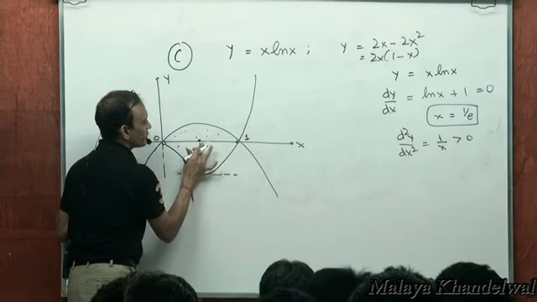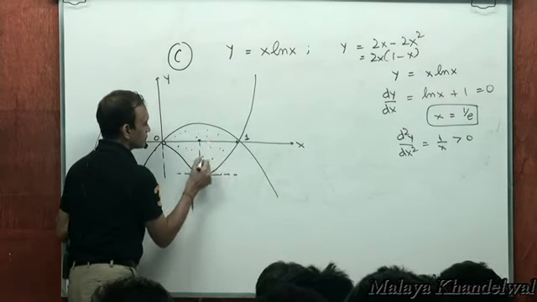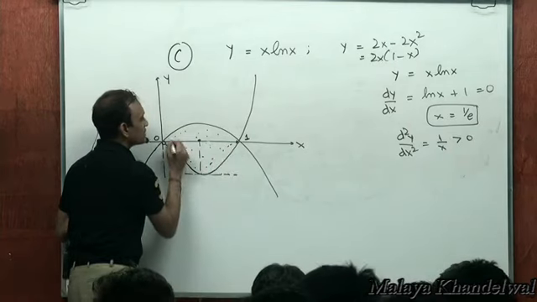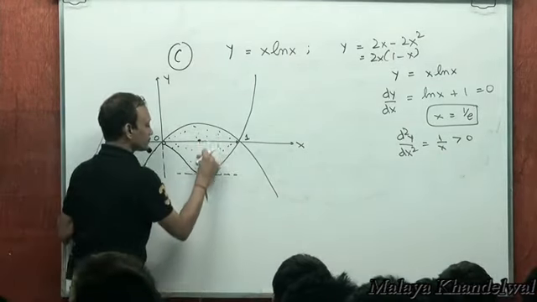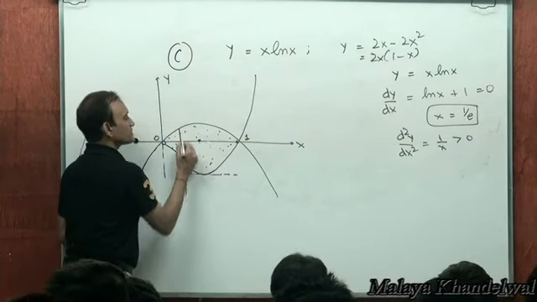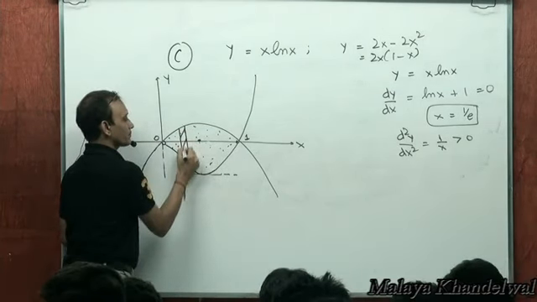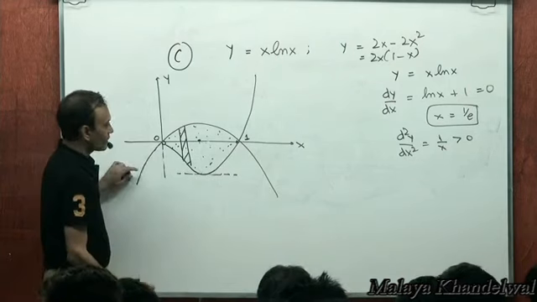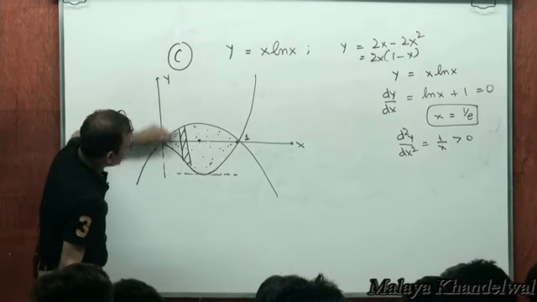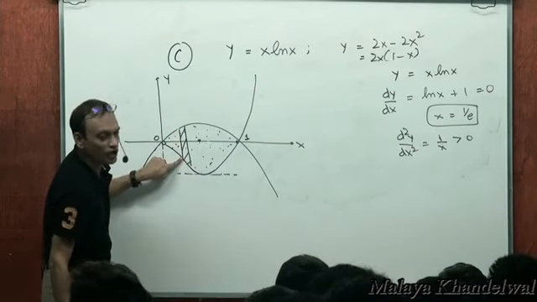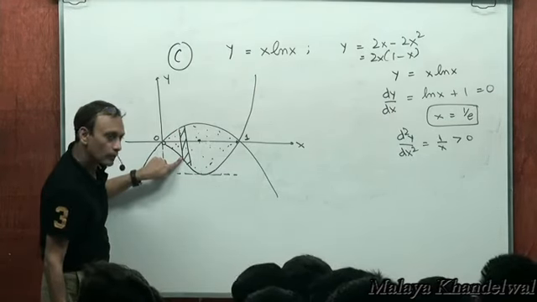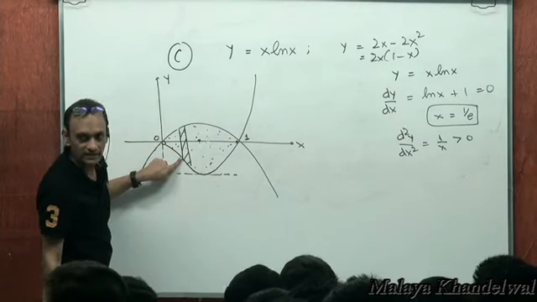Now this 1 by e will not even matter. This is the area that we are seeking, right? We select strips of this kind. The height of this strip is y of the parabola minus y of the graph x ln x, right?